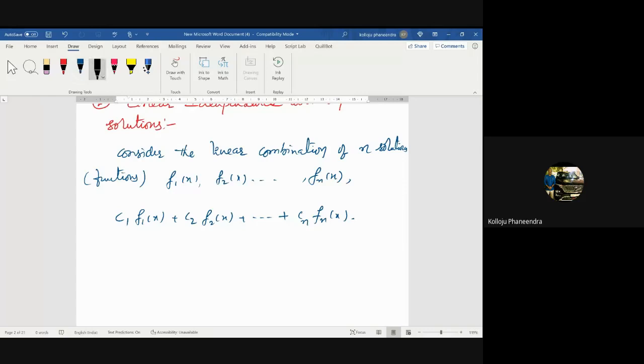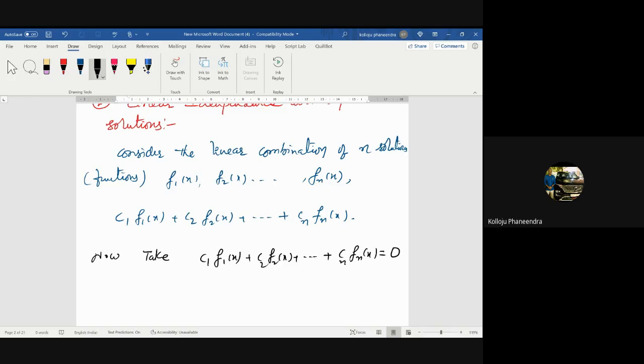Now take C1 into f1(x) plus C2 into f2(x) and so on, like in matrices. Equate this linear combination to 0.